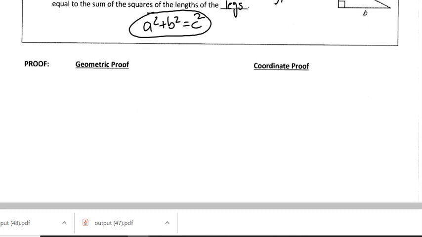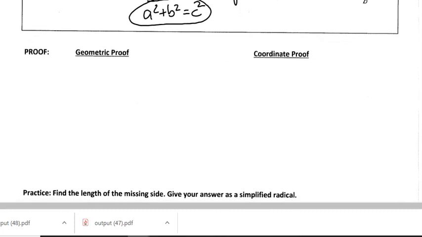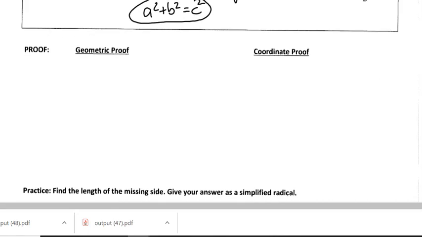Now, if we wanted to look at a geometric proof, I'm actually going to scribble out the coordinate proof. I was a silly willy. I used to teach this and I'd go over and show a coordinate proof. I would show that if we called this a length of A and this a length of B, and then did the distance formula between these two points, we would get A squared plus B squared equals C squared.